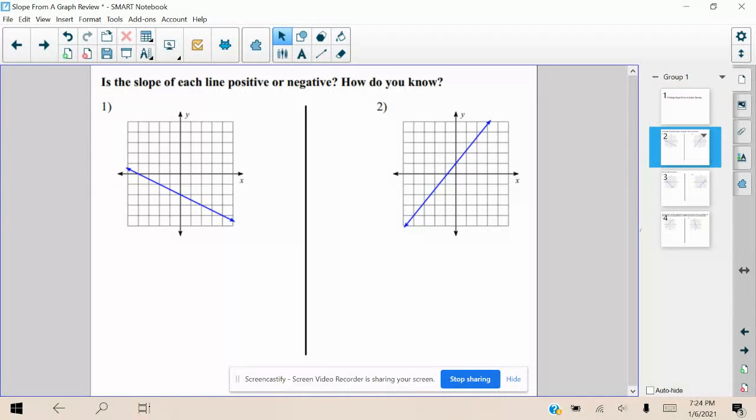The first set of problems is going to ask you, is the slope of each line positive or negative? And how do you know? So let's just remember how we read slope. When we are looking at a graph, we read it going from left to right.